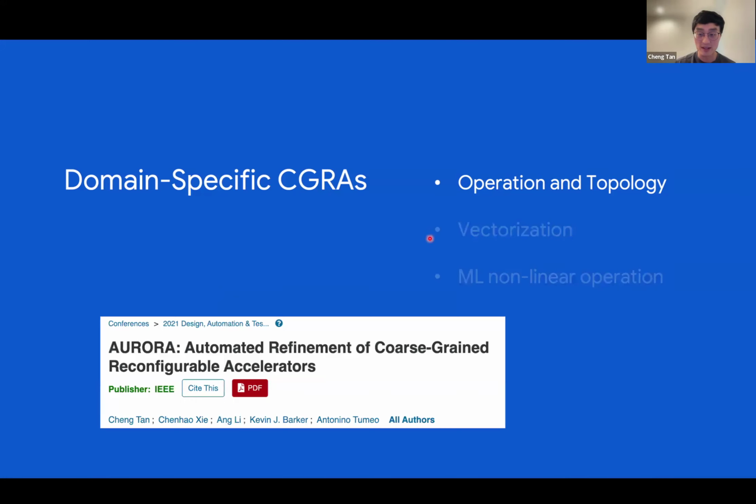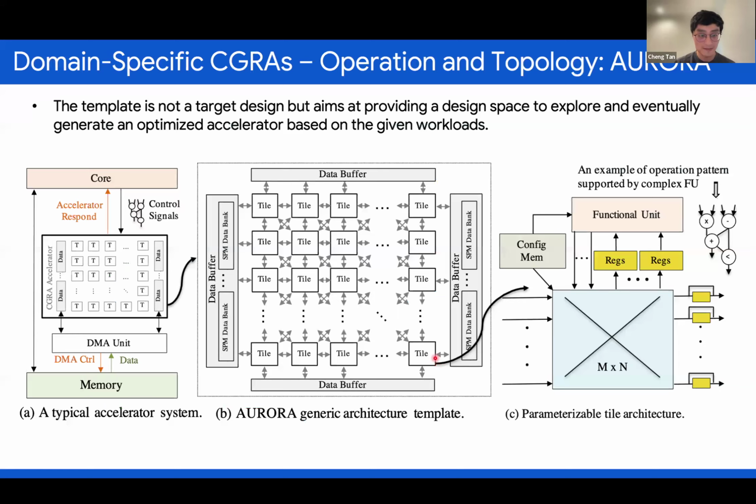The first is an operation and topology related technique, which is Aurora, I think from DATE 2021: automated refinement of coarse-grain reconfigurable accelerators.